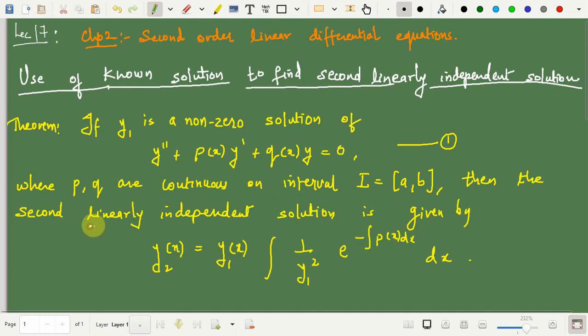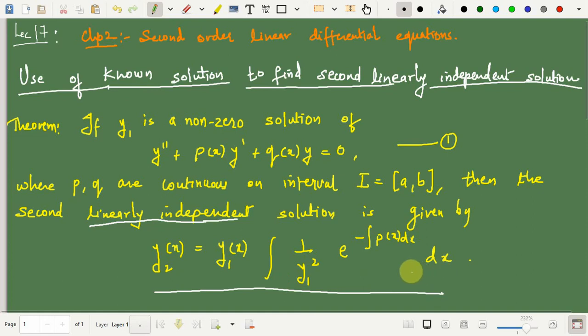It is very important for us to find two linearly independent solutions. y2 is equal to y1 into integral of 1 by y1 square into e raised to integral of minus p of x dx, and this part serves as the integrand for this integral into dx.